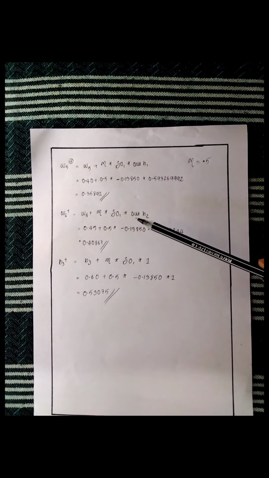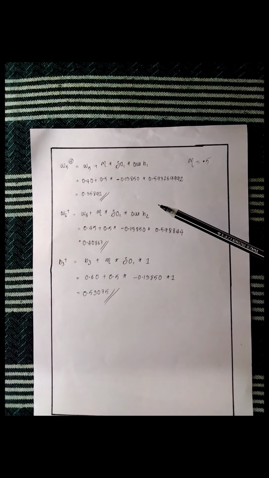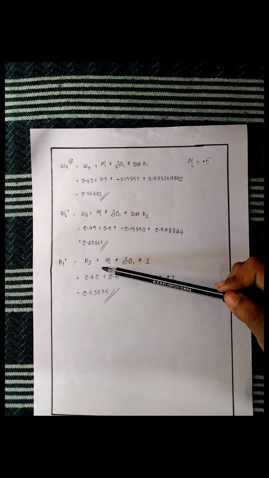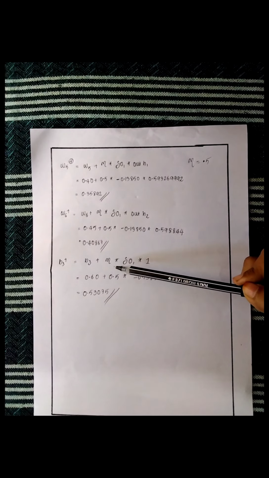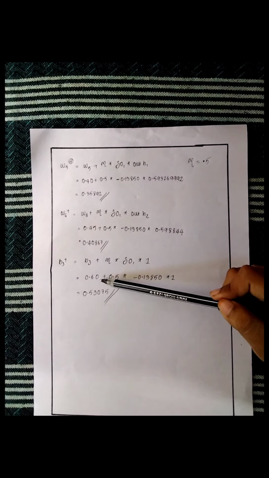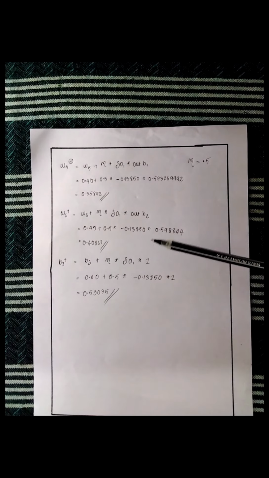Also we have to find the new bias 3, which is the initial bias 3 plus learning rate into delta O1 into 1, that is 0.60 plus 0.5 into negative 0.13850 into 1, equal to 0.53075. In the same way we have to apply delta O2 also. Thank you.